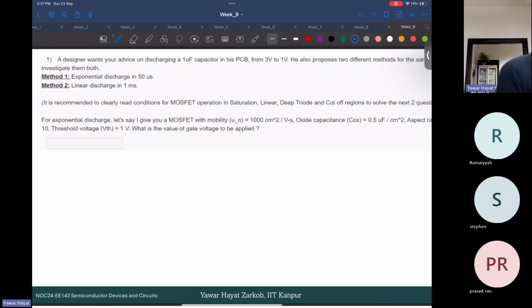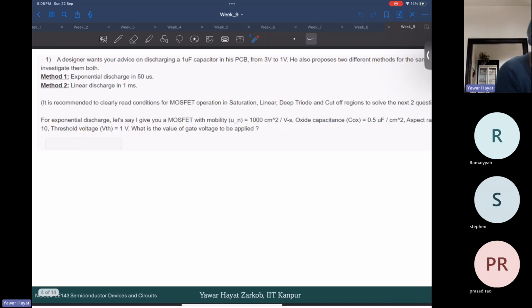Now, this is of interest. For exponential discharge, mobility is provided, Cox prime is provided, aspect ratio is provided, threshold voltage is provided, and we need to find the value of the gate voltage.